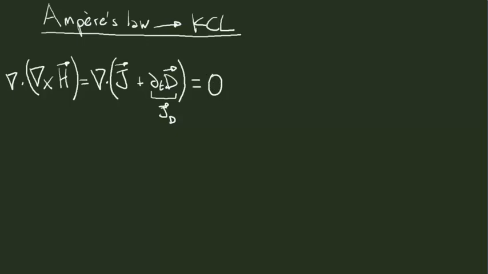Why is this always equal to zero? It's nothing to do with the physics. It's just a purely mathematical thing. The divergence of the curl of any vector field is always zero. That's a theorem mathematicians can prove.